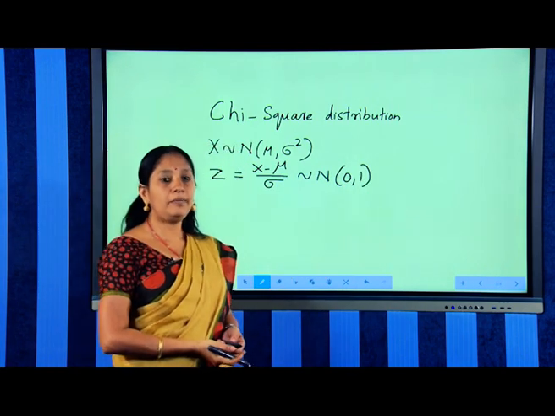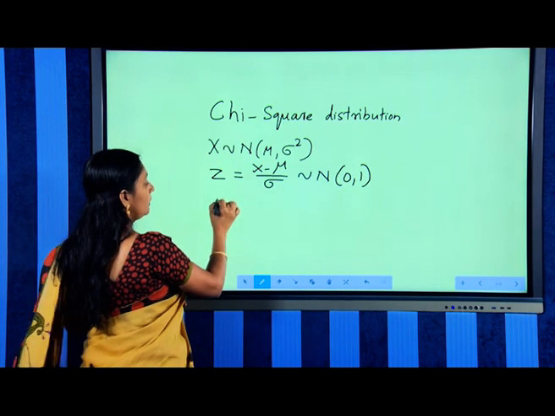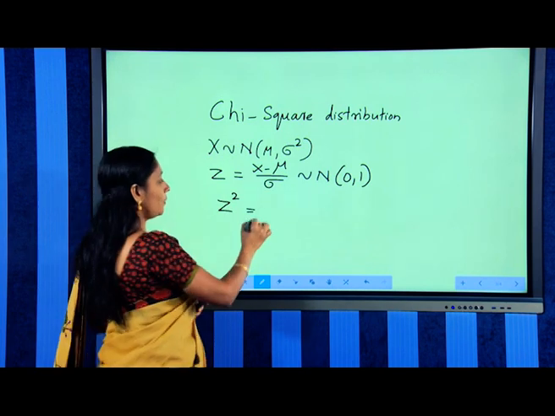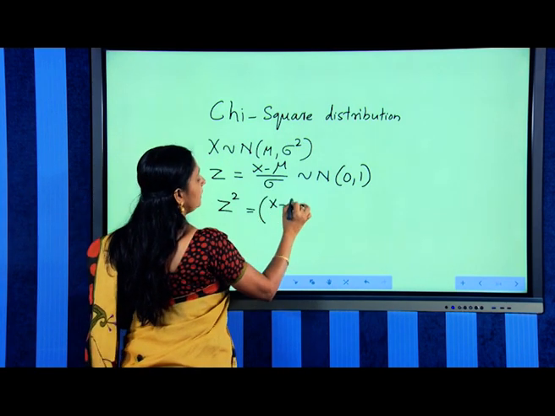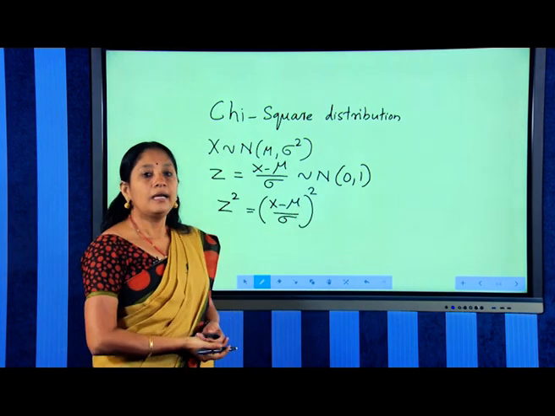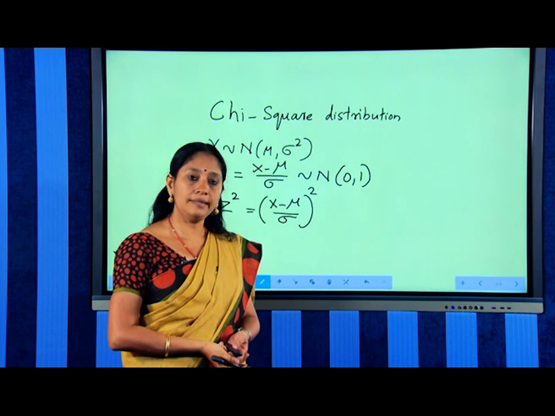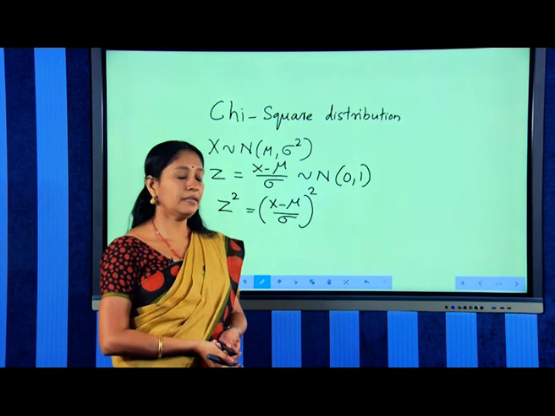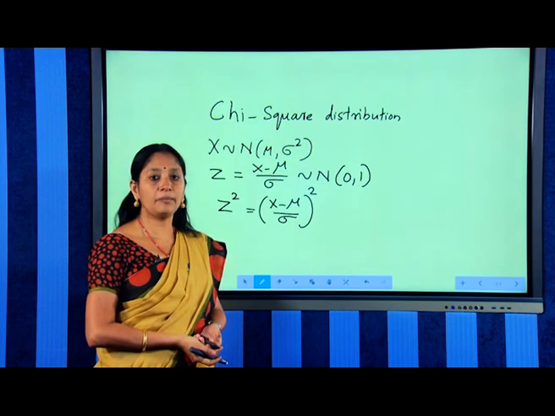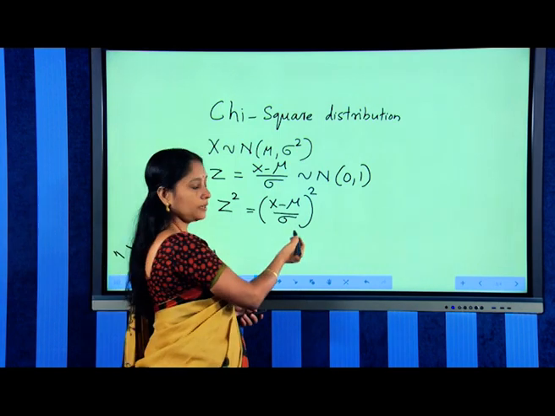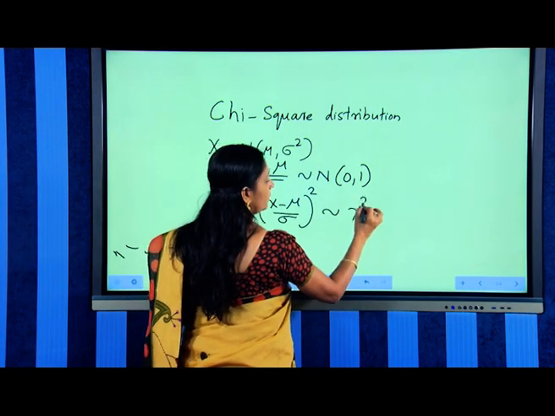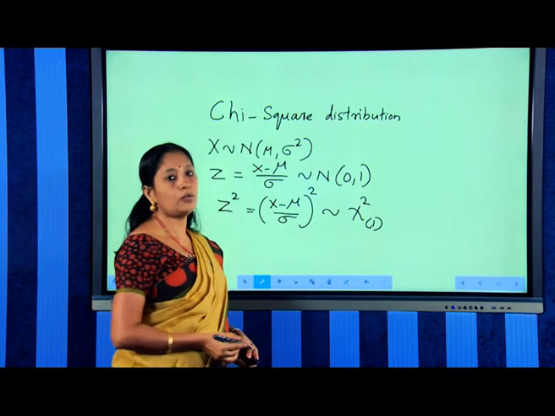A new random variable z square, the square of this standard normal random variable, that is z square is equal to x minus mu by sigma the whole square, has a distribution called the chi-square distribution. But since it is the square of a single standard normal, it is chi-square distribution with 1 degree of freedom, and so we denote it as chi-square with 1 degree of freedom.